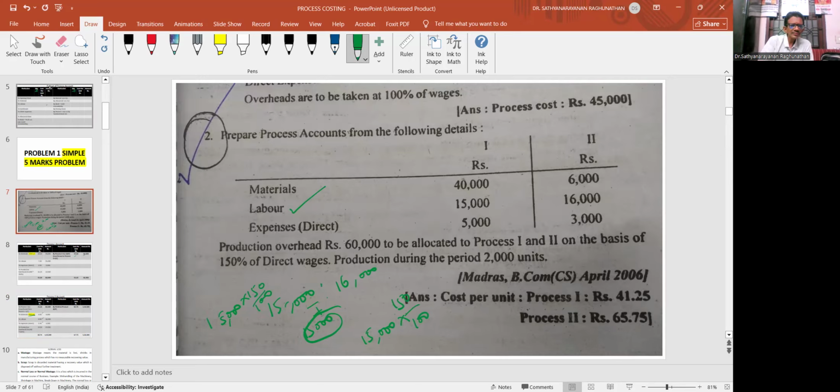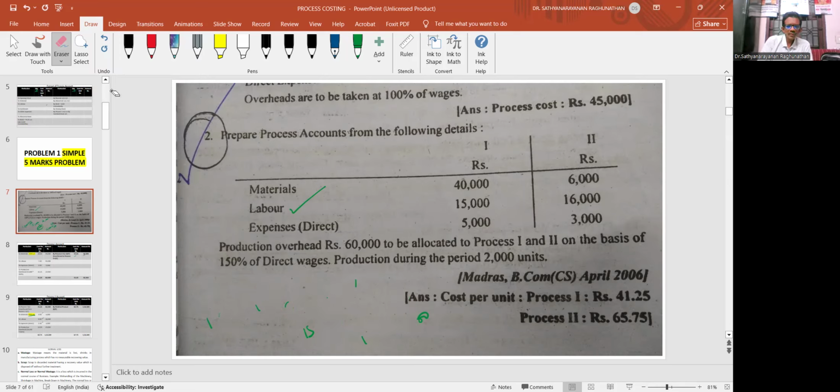So here, 16,000 into 150 divided by 100.